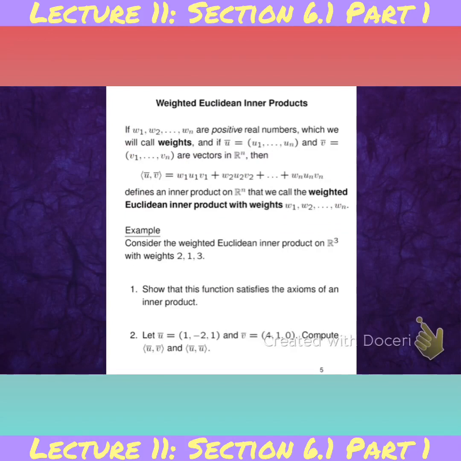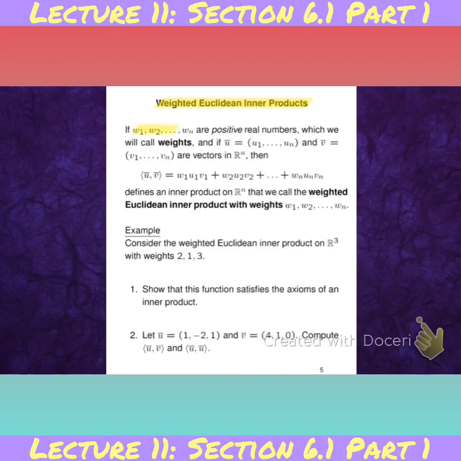This brings us to the concept of a weighted Euclidean inner product. This is a special type of inner product. So it uses the dot product, but it adds weights to it.